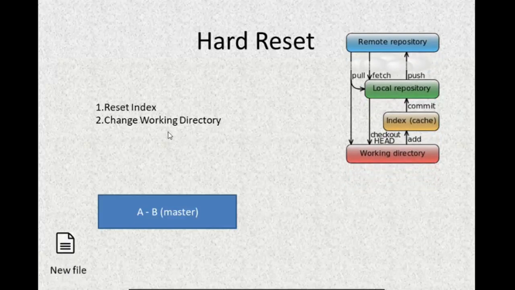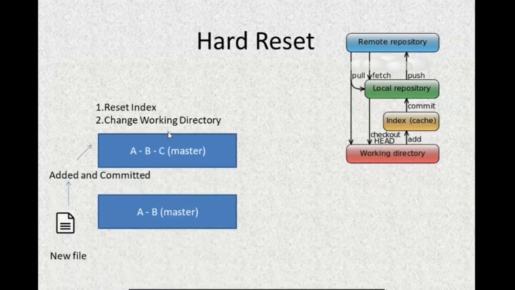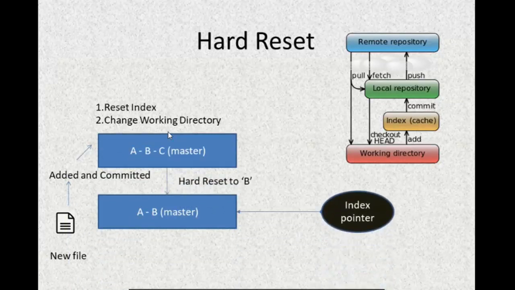So let's see in the example. We perform the same operation. The index pointer will be reset, but this time along with the index pointer, your working directory will also be changed. So all the commits that were present after this, like suppose ABC which was present, will be removed and overridden by this commit, that is AB master.